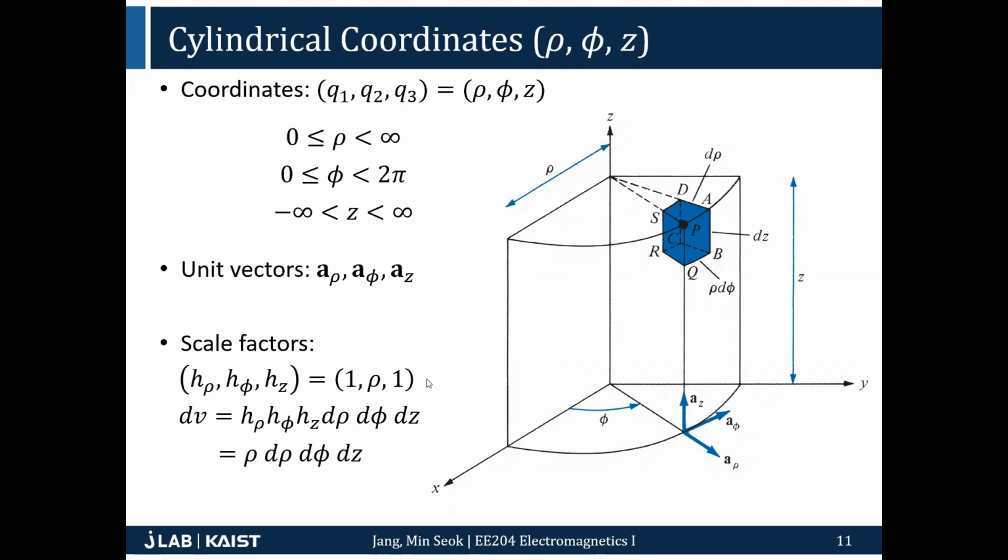So for the scale factors, rho and z are already lengths. You don't need scale factor, but phi is angle, so you need scale factor, which is rho. So dv, the infinitesimal volume element, is rho d rho d phi dz, right? It's easy.